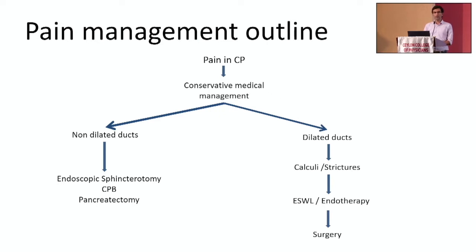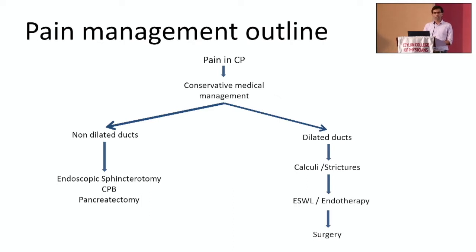If the patient has a dilated pancreatic duct on imaging, which can be due to calculi or strictures or both, then the patient can be offered extracorporeal shockwave lithotripsy, endotherapy, or else surgery.